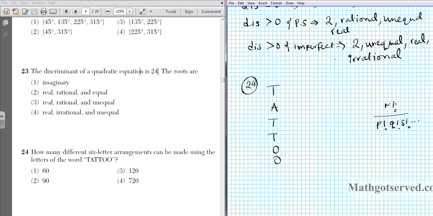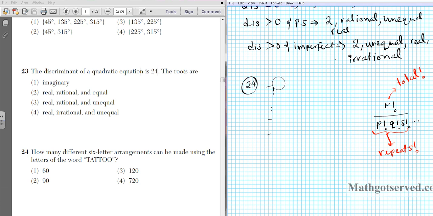Basically you have the total factorial on the top, and all the repeats go on the bottom, over the repeats' factorials. What on earth does that mean? Well, let me tell you what that means.